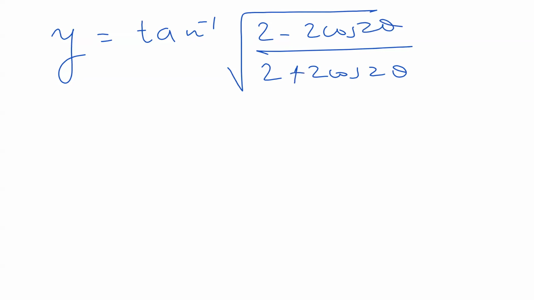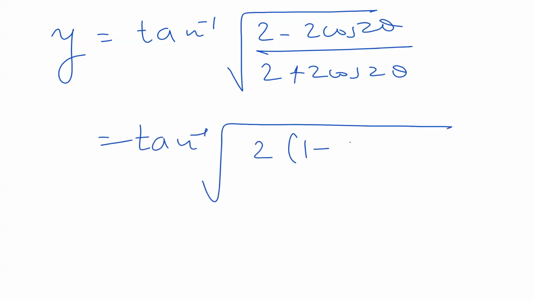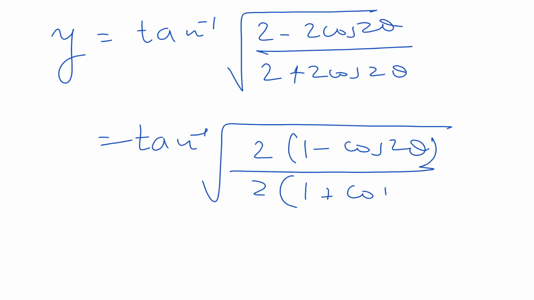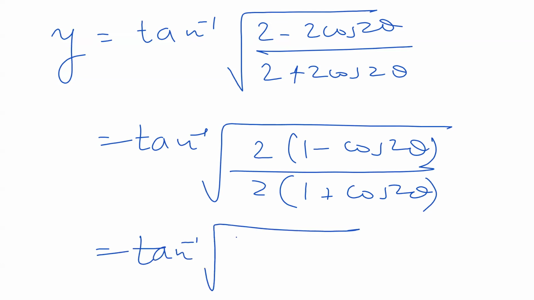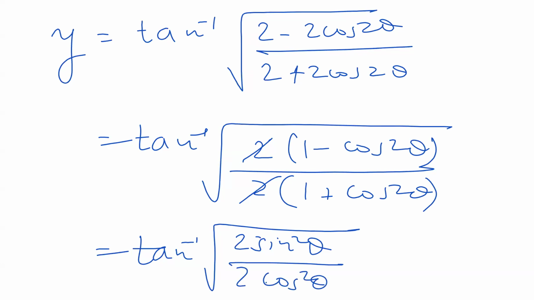Take 2 common in the numerator and denominator: 2 into 1 minus cos 2 theta, 2 into 1 plus cos 2 theta. 2 got cancelled. So tan inverse of root of 2 sin square theta upon 2 cos square theta, again applying the half angle formula, and 2 got cancelled. So this is equal to tan inverse of root of tan square theta.